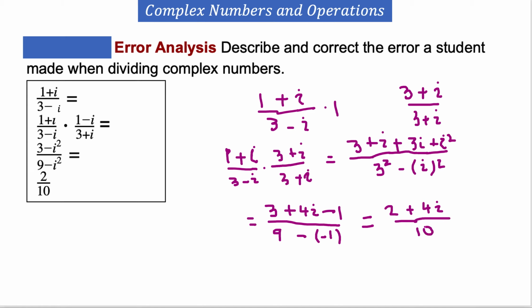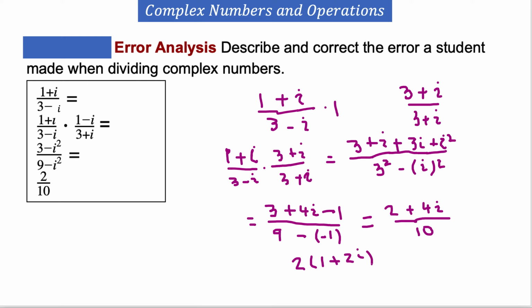So we rationalized that. But here these are all even numbers, so I can factor out 2, and I can write 2 times (1 + 2i), everything divided by 10.